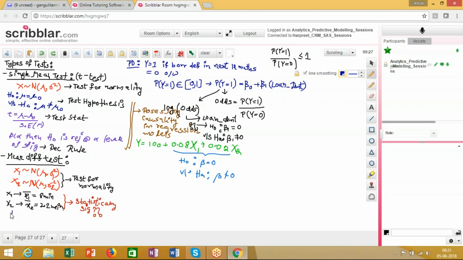H naught versus the alternate hypothesis.